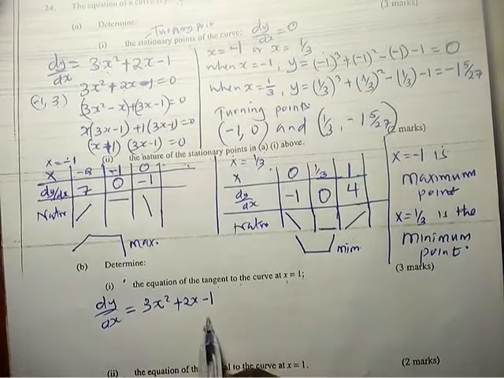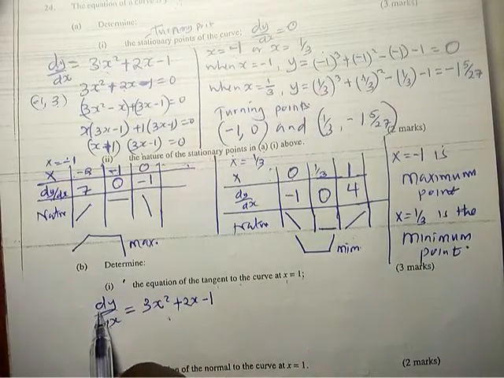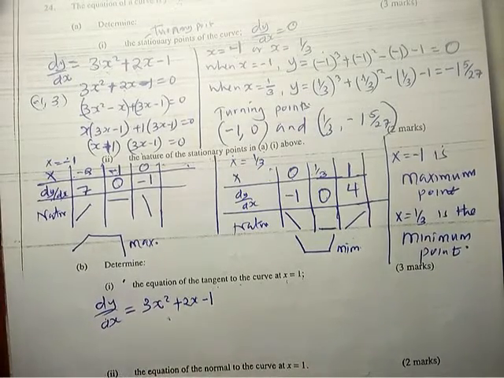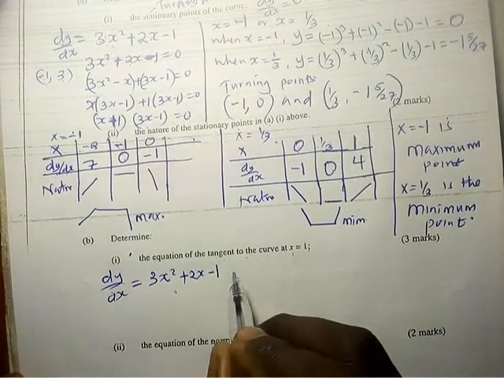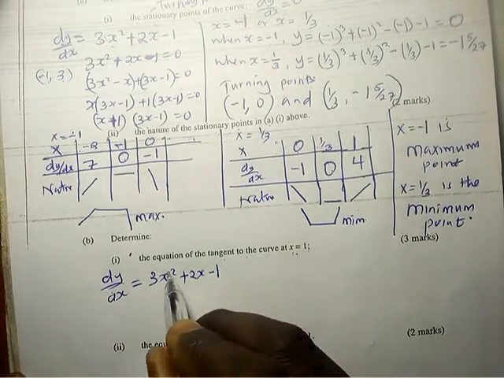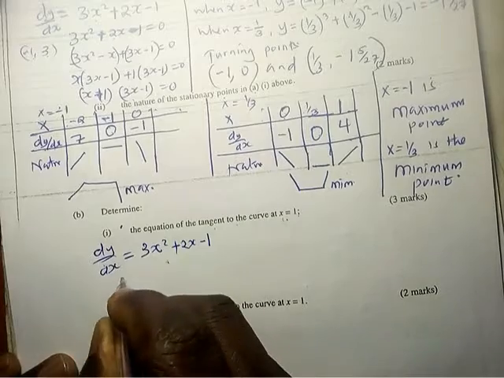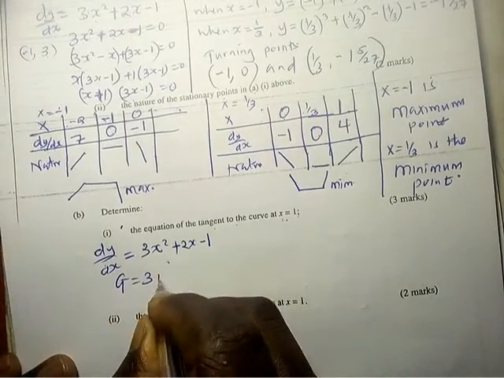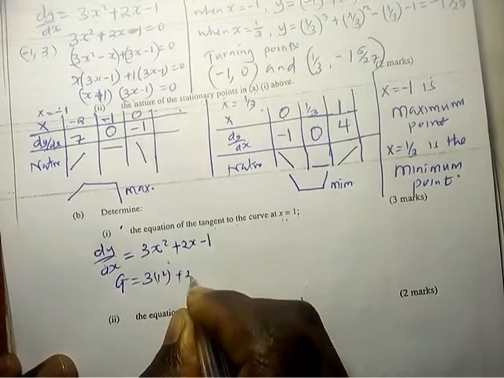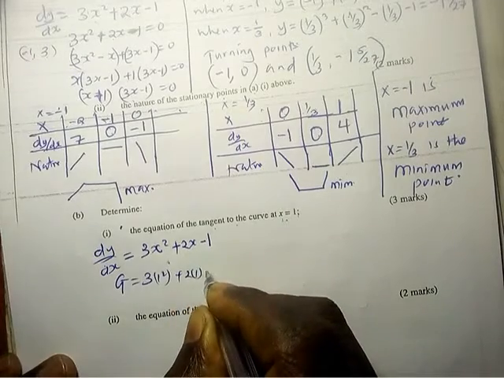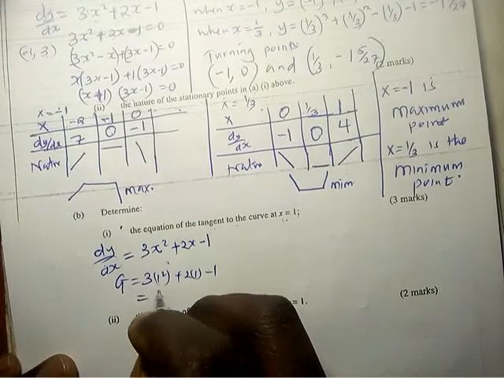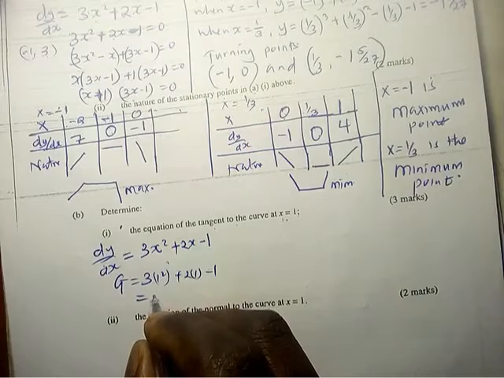This one is called the gradient function. Once you have differentiated once, it is called the gradient function. Now we are going to substitute when x is 1, what will be the gradient? So gradient equal to 3 squared plus 2 times 1 minus 1, and the gradient is going to be 4.